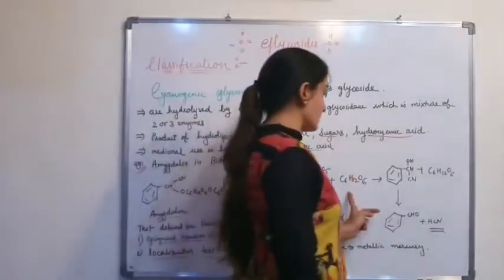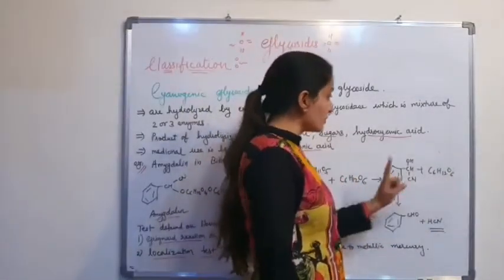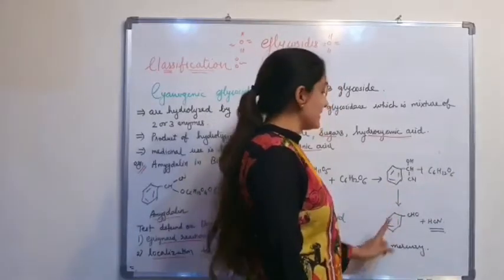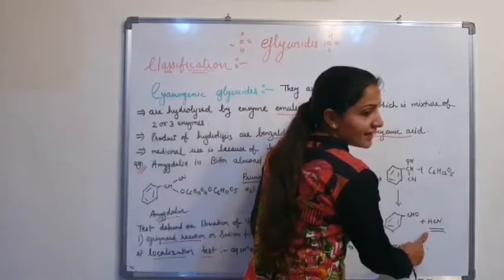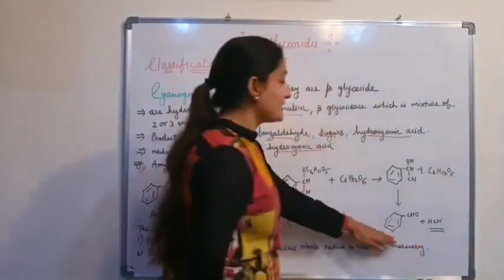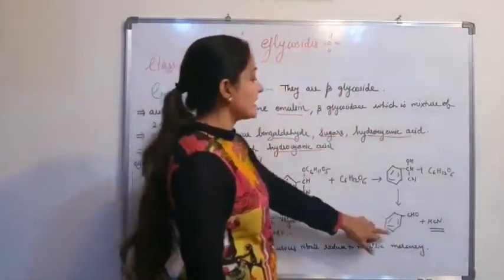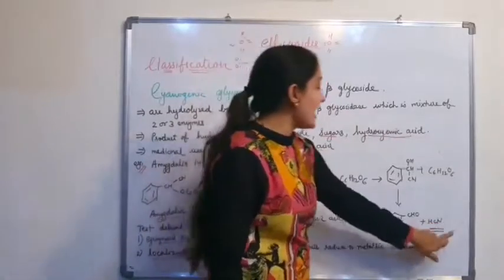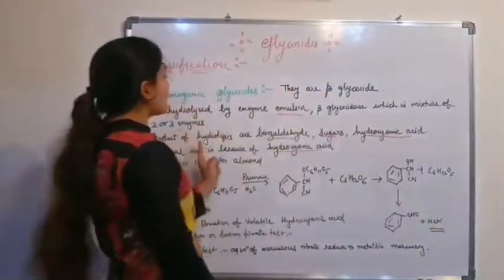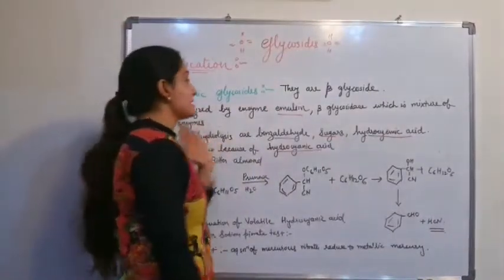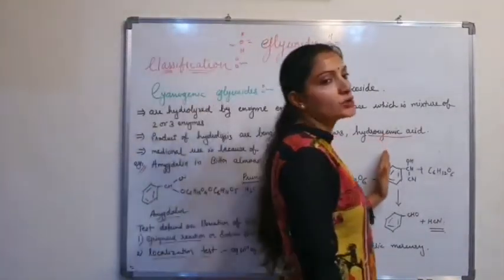Further, at the end, by the reaction, we get benzaldehyde and hydrocyanic acid. So the end products of the hydrolysis are benzaldehyde, sugar and hydrocyanic acid.